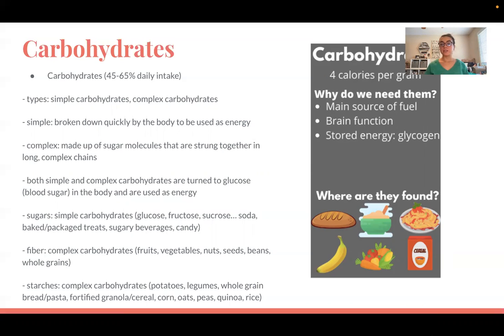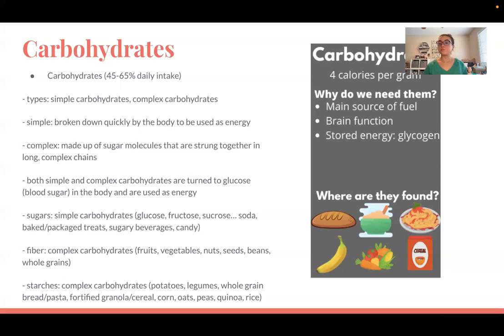So carbs are broken down into simple carbs and complex carbs, right? Simple carbs are what get that bad rap. It's going to be those white breads, sugary beverages, candy, glucose, fructose, soda, things like that. Complex carbohydrates are those fiber-rich carbs that our body is going to thrive off of, help keep us full.